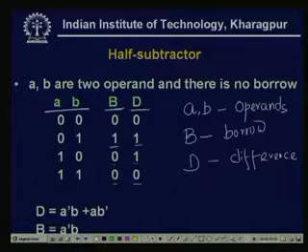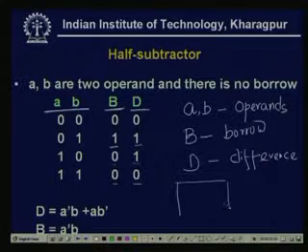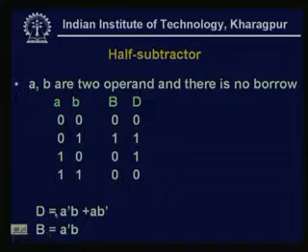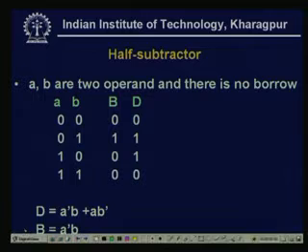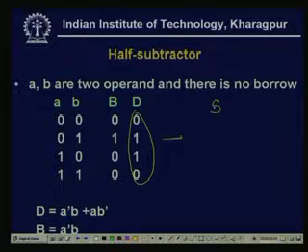Now, if we express this truth table in a Karnaugh map, one for B and one for D, then we will get the expressions for D and B. In this way we get D equal to A dash B plus A B dash, because we can notice that this D value is the same as the sum of the addition operation.